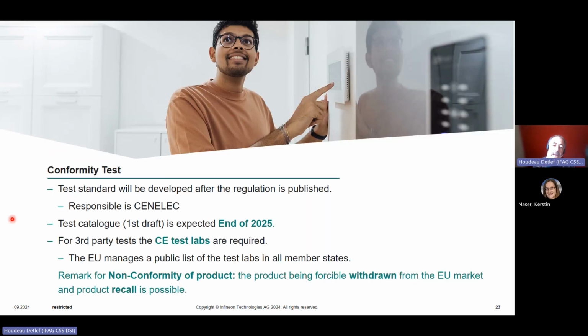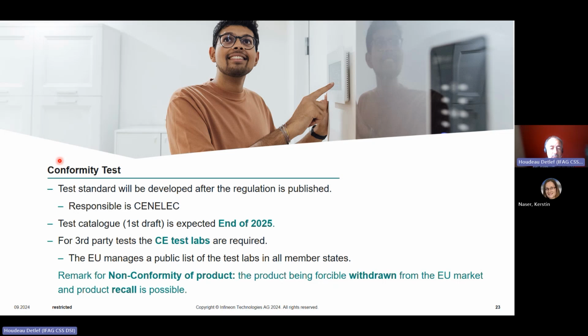So one very important topic is the definition of conformity. Conform to the European regulation means this kind of conformity tests must be done by the CE test labs.